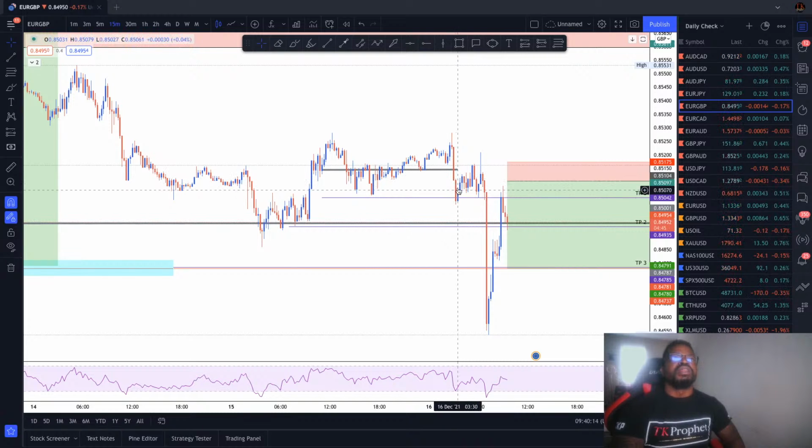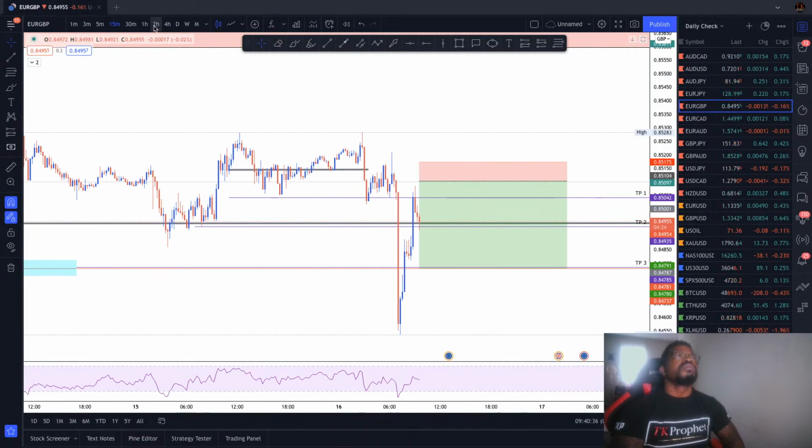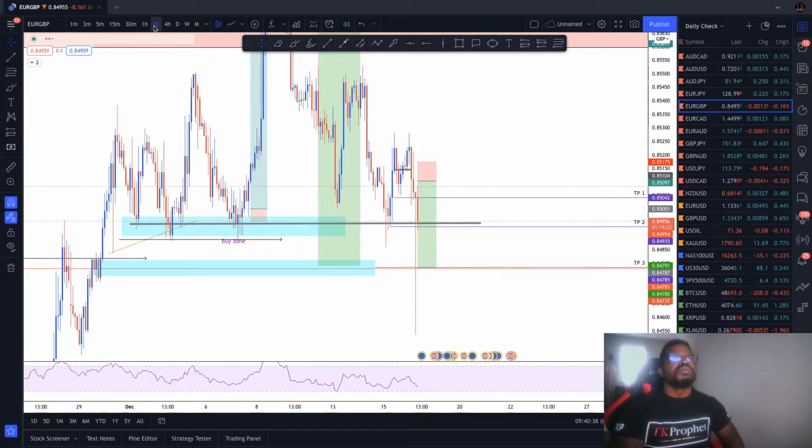After it hit TP1, it came up, clipped the stop loss, and then hit TP2 and 3. And it's going back down.